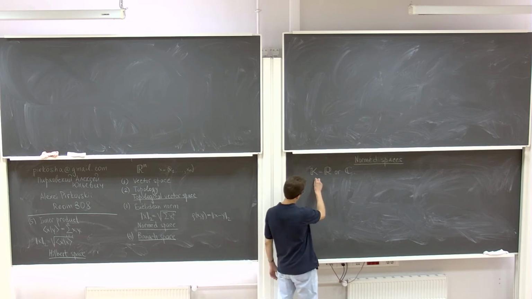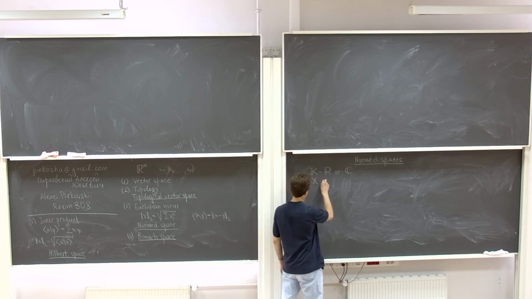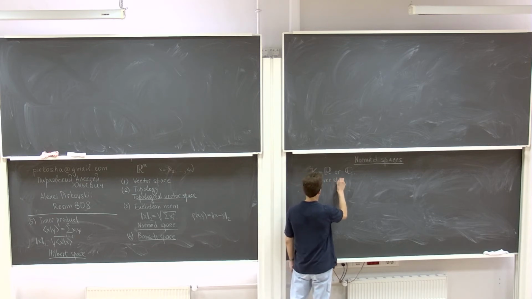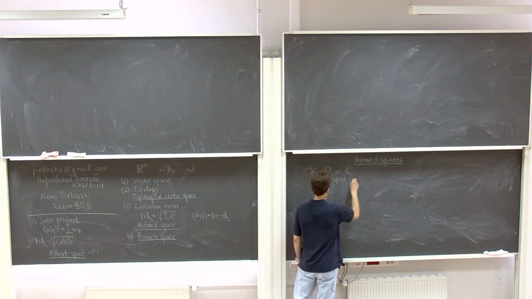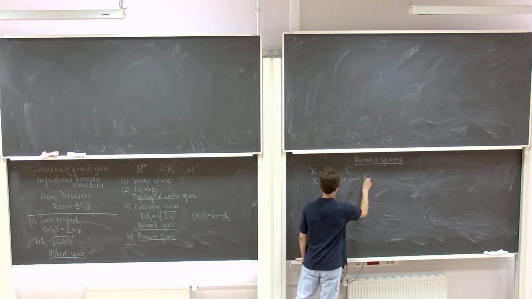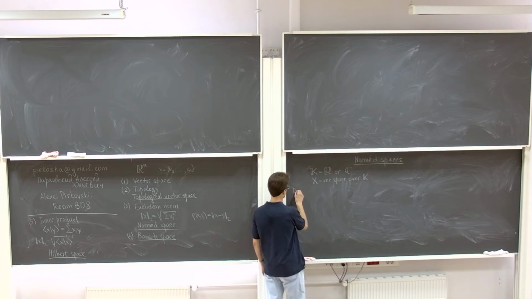Okay, so suppose now that we have a vector space X, a vector space over K. And we give the following definition.